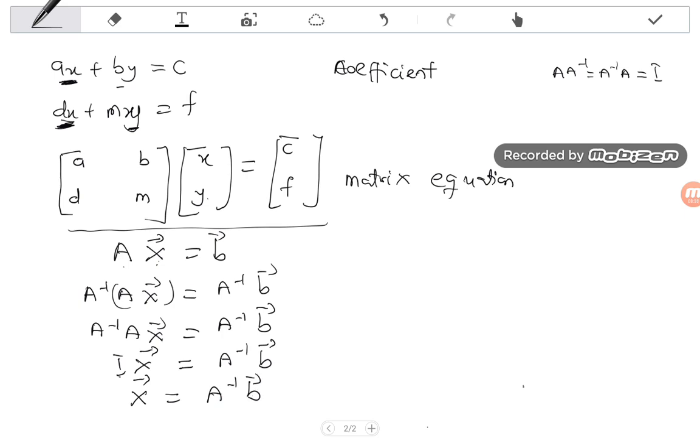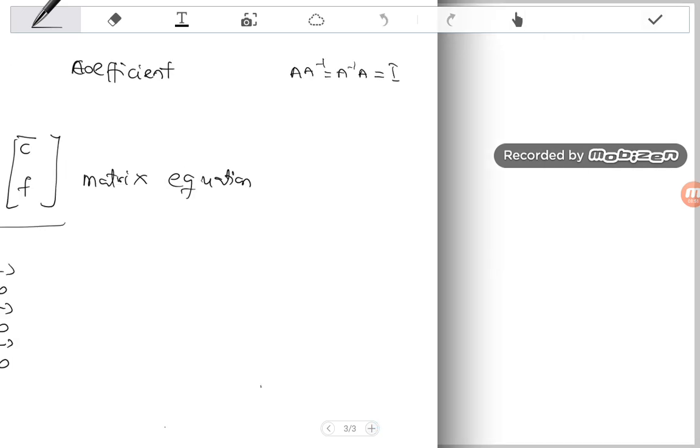And so to be able to find a solution to your system, you multiply the inverse of the coefficient matrix by the output vector, and that gives you the values of x and y. So let's look at an example. We have a system giving us 3x minus 2y is equal to 1, and minus x plus 4y is equal to 3.